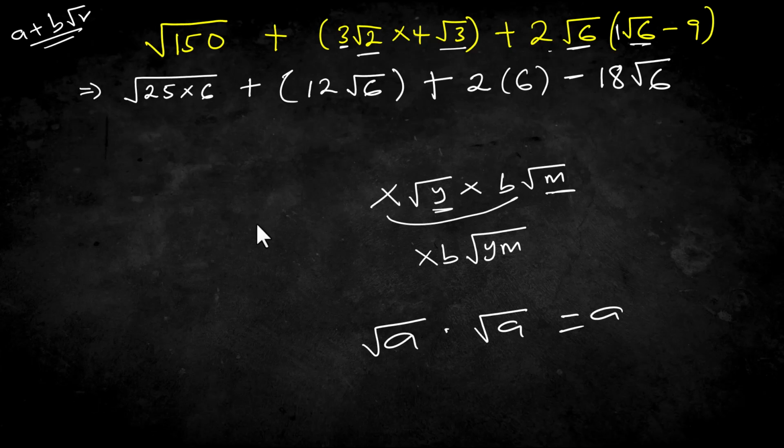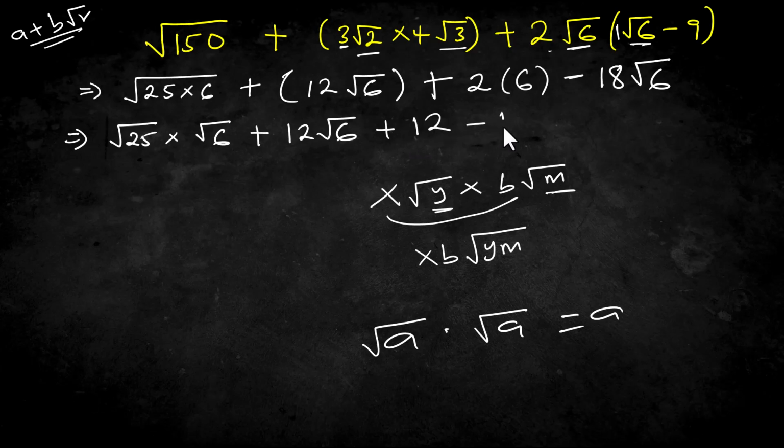All right, so this side is 25 root 6, so we can open this one, plus 12 root 6. I think we are getting root 6 in common, plus 6 times 2 is 12, minus 18 root 6.